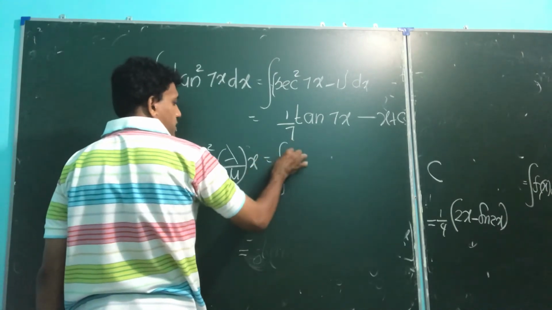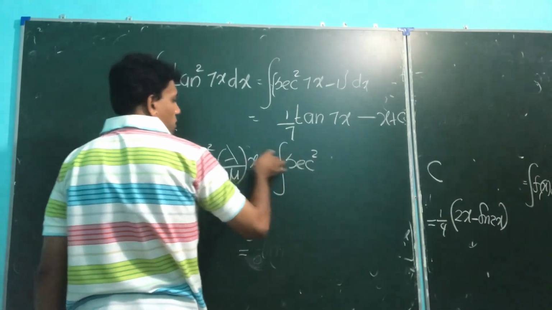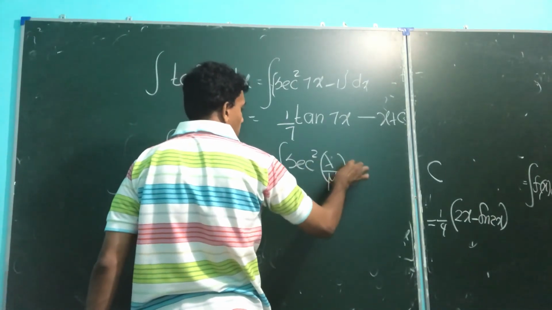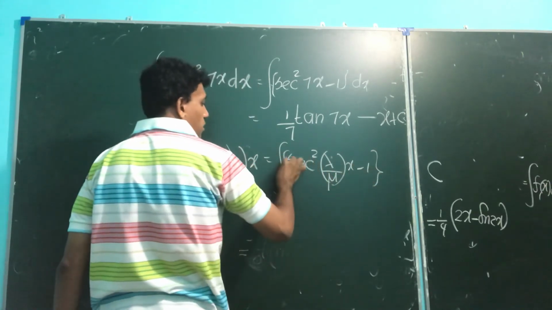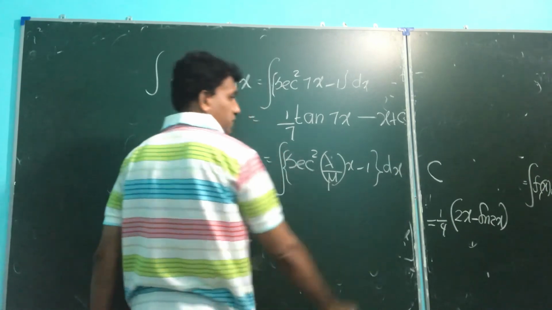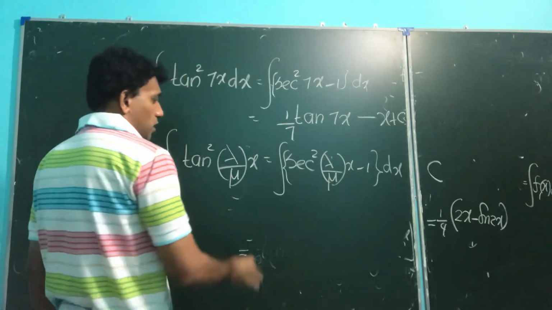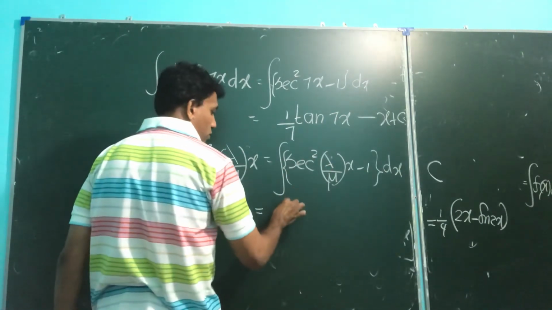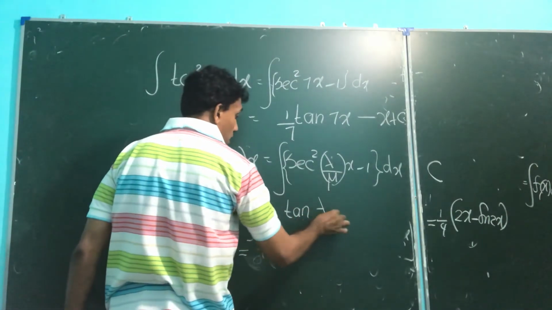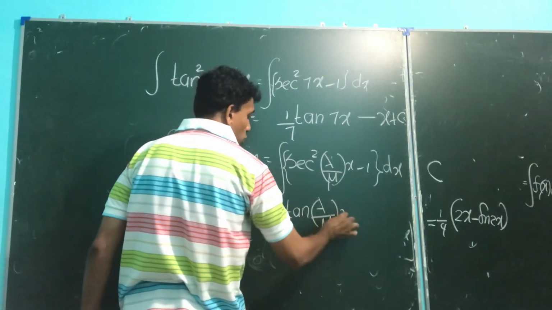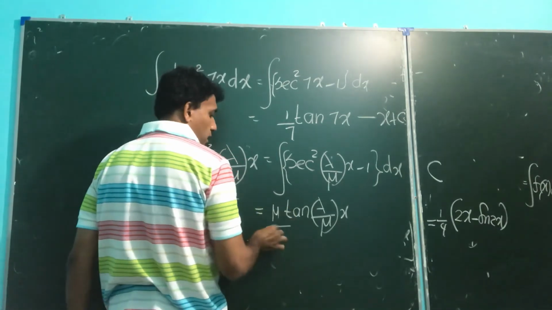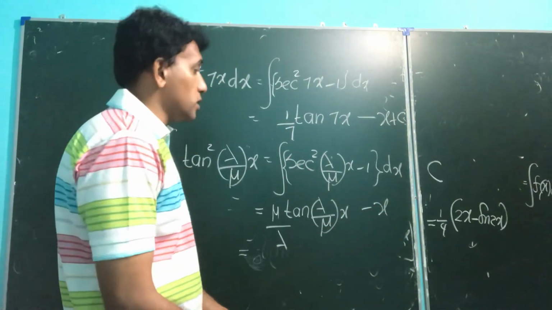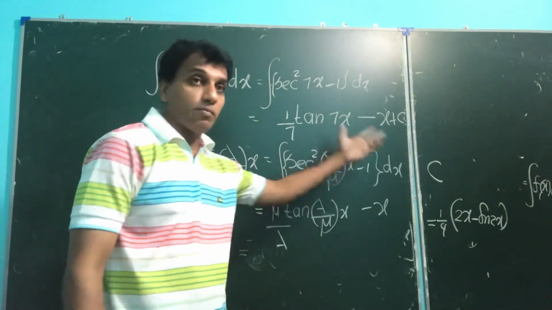Further, integral of sec square lambda over mu into x minus 1, into dx, because sec square theta is 1 plus tan square theta. Therefore this is tan, the angle is lambda over mu into x, but don't miss the reciprocal after differentiation, mu over lambda. And minus 1 gives x, the integration of 1 is x, plus c.